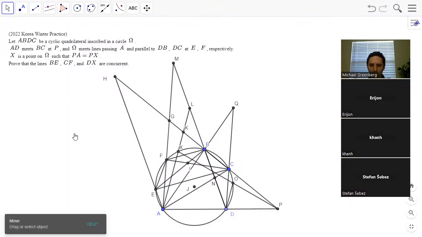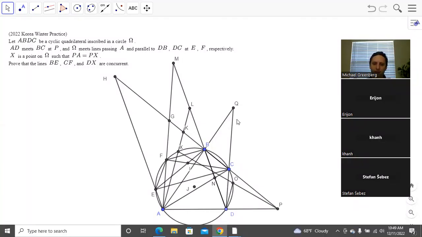So the collinearity happens if and only if the cross ratio FEXD is equal to CBDX. So it is equivalent to, I'm going to write the cross ratio down in the chat. It is equivalent to that ratio.